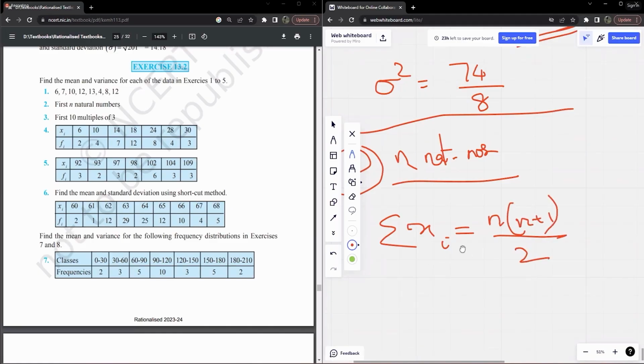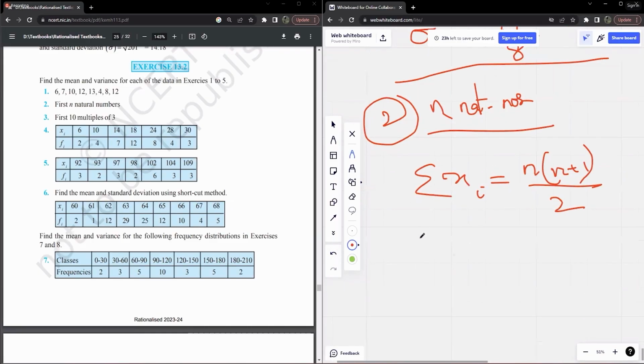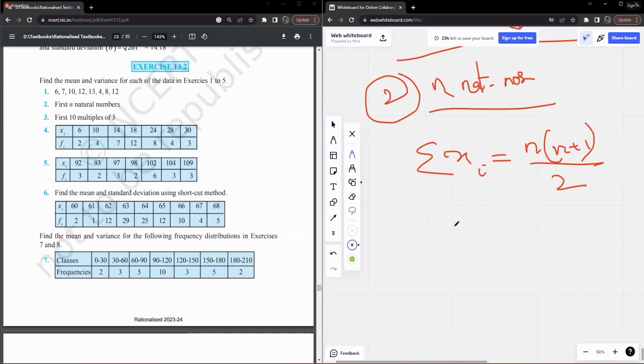Therefore, your mean x bar is going to be equal to 1 by n into sigma xi, which is 1 by n times n into n plus 1 by 2, which is basically n into n plus 1 divided by 2n, because you have n natural numbers, the number of observations is basically n. So this will be n plus 1 divided by 2.